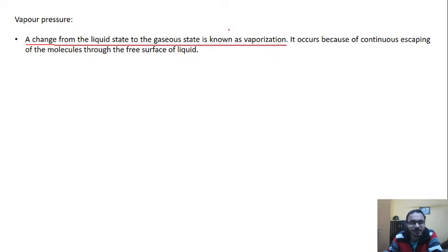We already know the change from liquid to gas is known as the vaporization process, and it occurs because of continuous escaping of molecules through the free surface of liquid. Now what is the meaning of this?